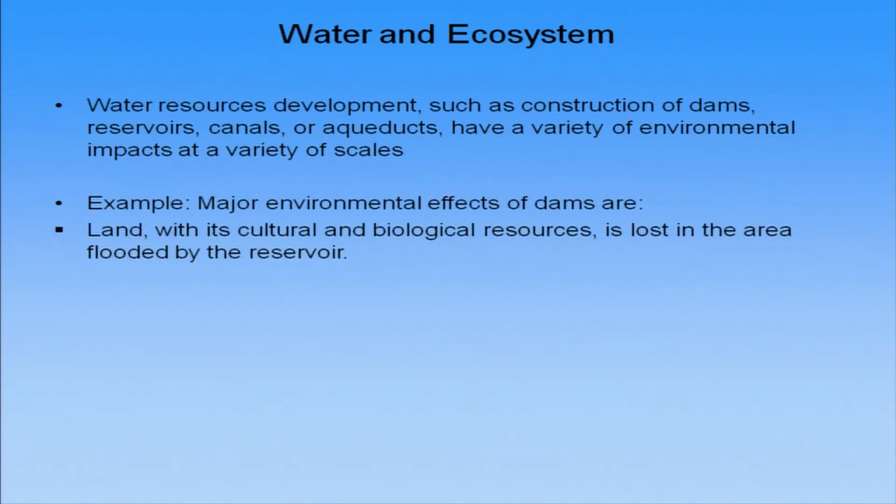So, land with its cultural and biological resources is lost in the area flooded by the reservoir. So this is the most common environmental effect or impact of dam construction.